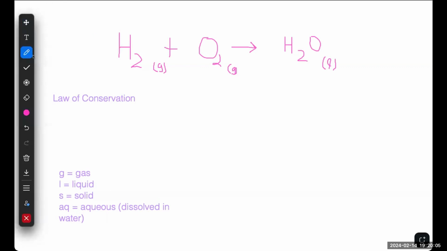This number here is called a subscript. When it's right next to an element, the subscript tells us how many of that element we have.